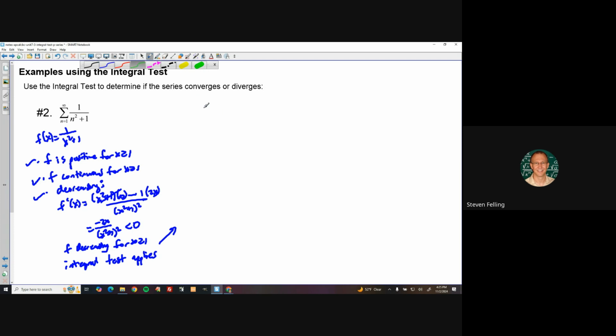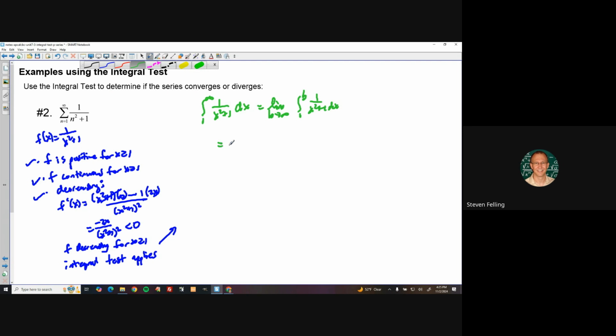So the test is we're going to make an integral from 1 to infinity of that same generating rule, 1 over x squared plus 1 dx, right? And that we're going to rewrite that as a proper integral. Limit as b approaches infinity of 1 to b of 1 over x squared plus 1. And then that is the arctangent form.